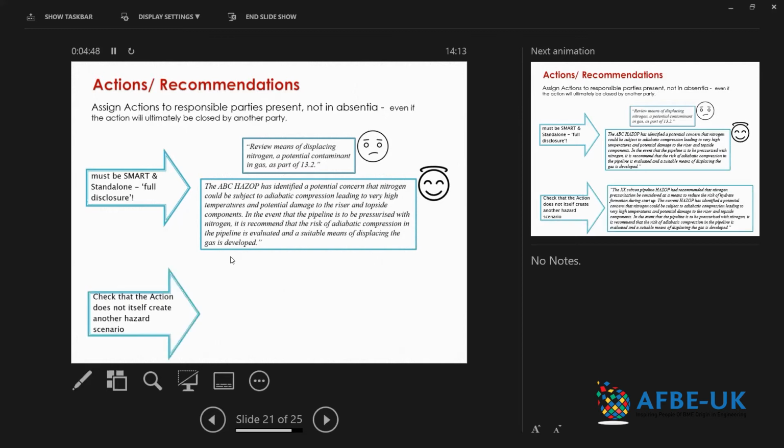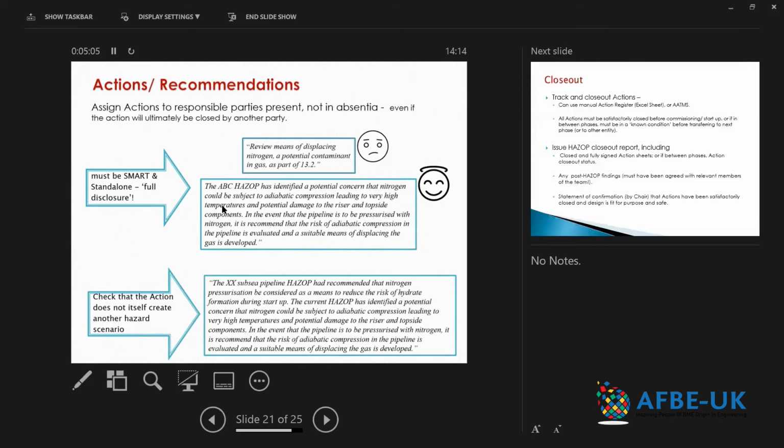The next bit, I might have talked about this earlier as well, is to check that the action does not itself create another hazard scenario. I'll give you an example, which is a follow-on from the other action, the first action recommendation there.